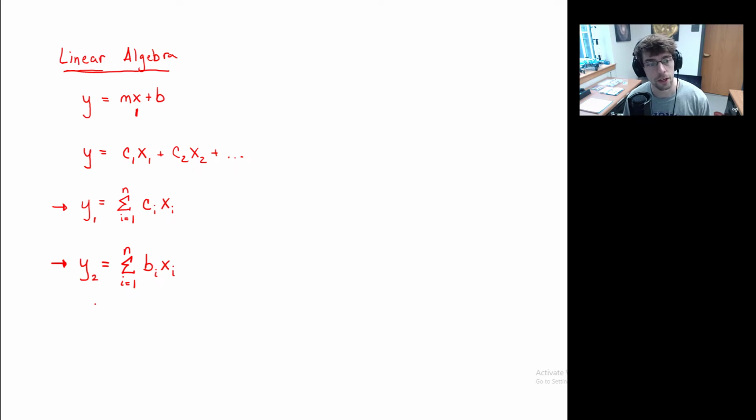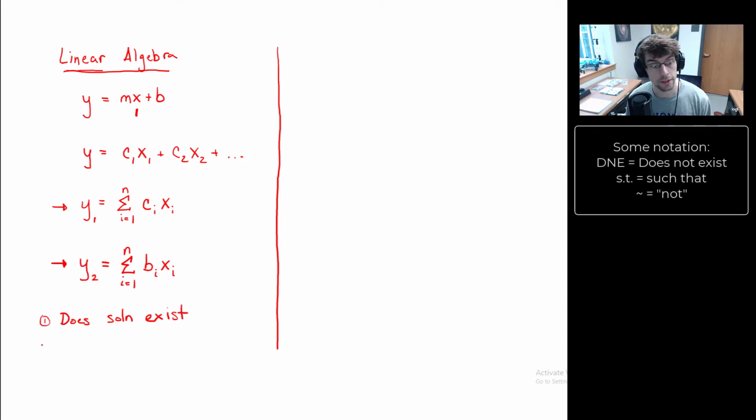Instead of just two equations, you could have 5 equations or 10 equations. So that's one of the questions that linear algebra works to try to understand: does a solution exist? And if so, what is the solution?